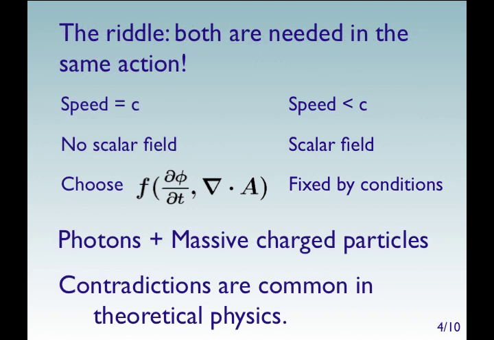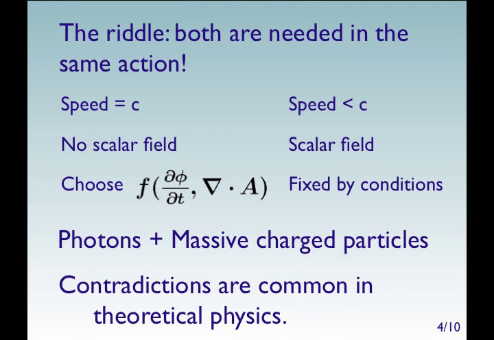Now, what's a real riddle is that both are needed for the very same action. Consider photons interacting with massive charged particles, because all charged particles have mass. Well, those photons are going to have to travel at the speed of light c. And those massive charged particles are going to have to travel at less than the speed of light c.